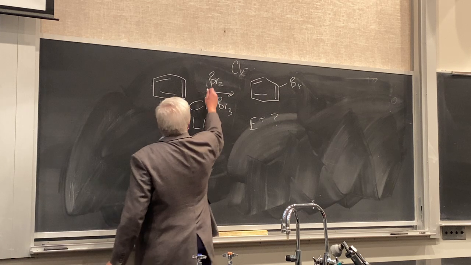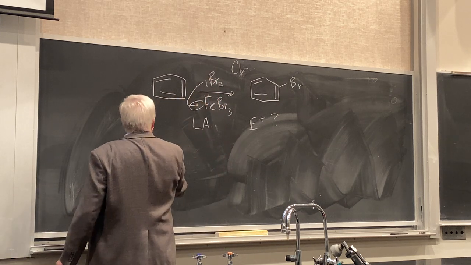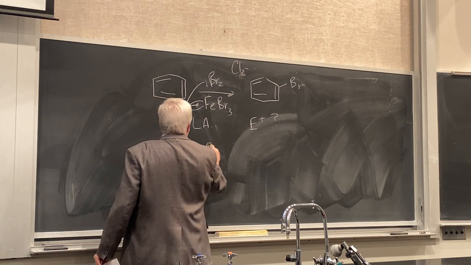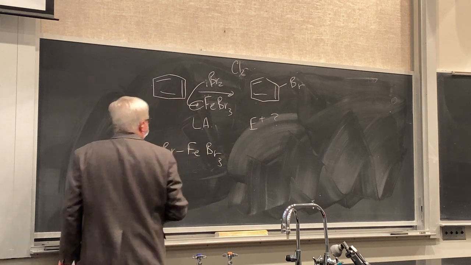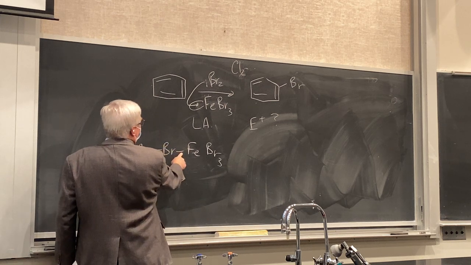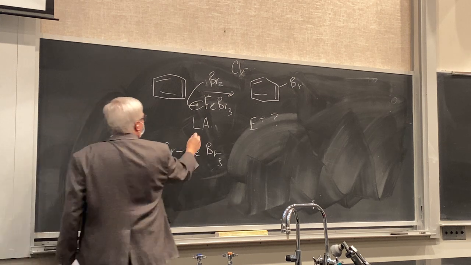But what are we going to do here? Let's take a pair of electrons here and dump them in there. So we'll have this adduct. This lone pair right here just came out of that bromine molecule. We need some charges here.